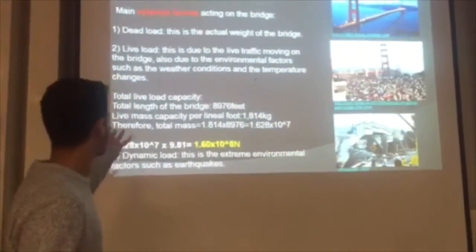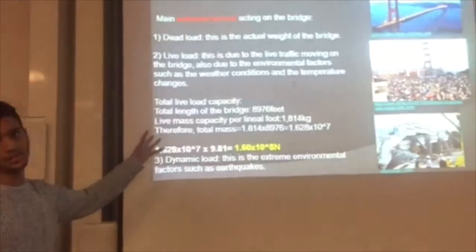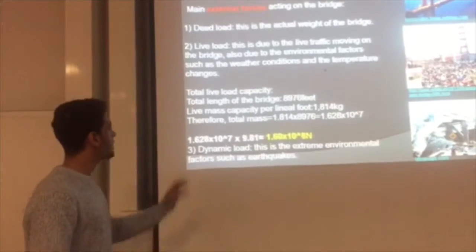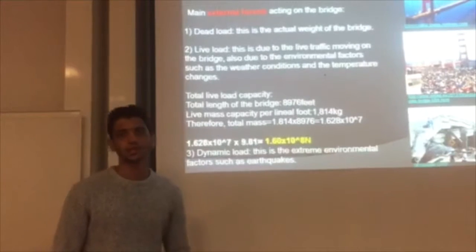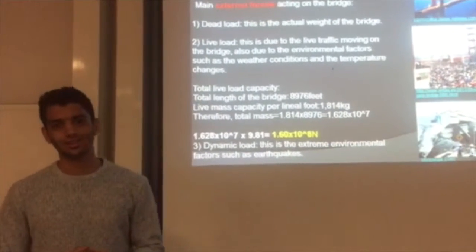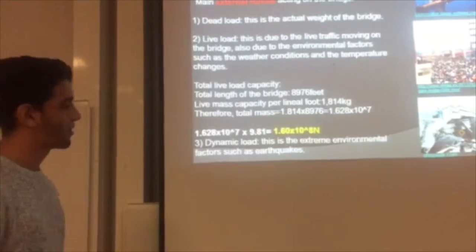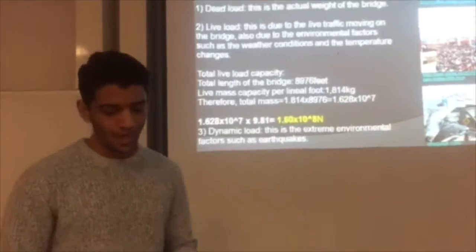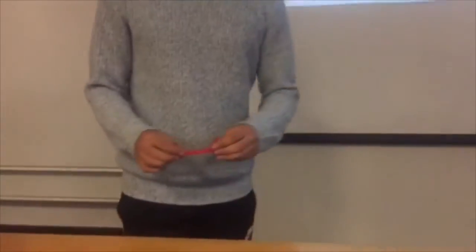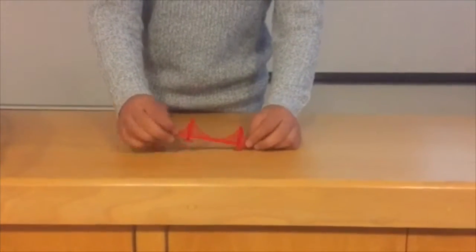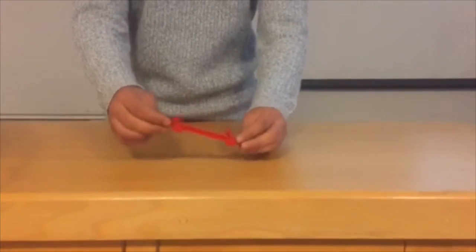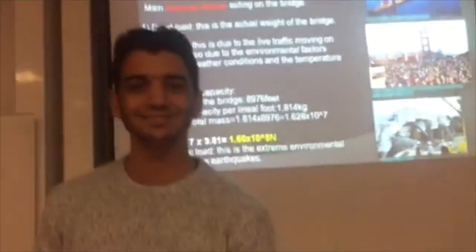Also here I've calculated the total live capacity of the bridge, which is 1.6 times 10 to the power of 8 newtons. Also, the third thing is the dynamic load, and this is like the extreme environmental factors on the bridge. So here we've got like an earthquake, and the bridge is moving about, and that's about it.